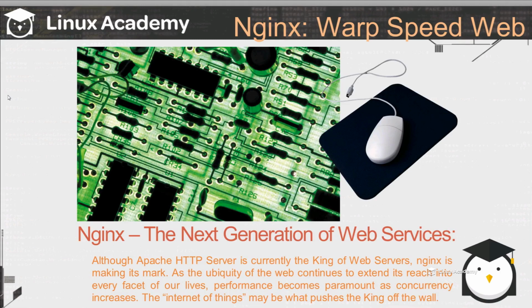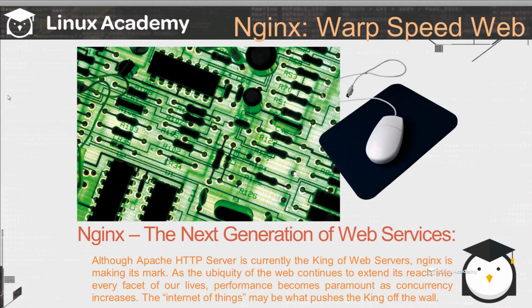So why is it sometimes referred to as the next generation of web services? So as we know, Apache is currently the king of web servers, but Nginx is making its mark, and that's why we're here today. As the ubiquity of web continues to extend its reach into every facet of our lives, performance becomes paramount as concurrency increases.